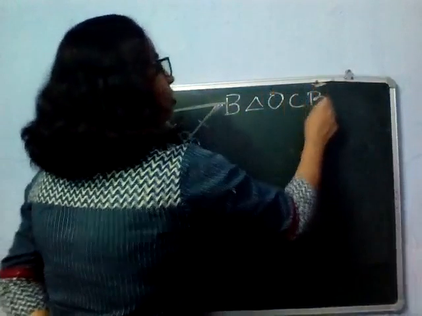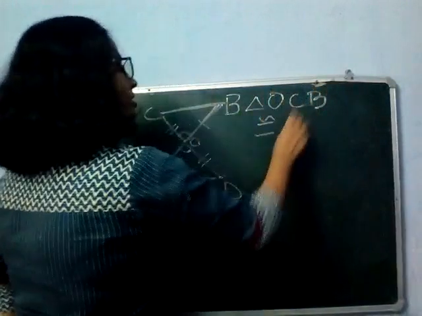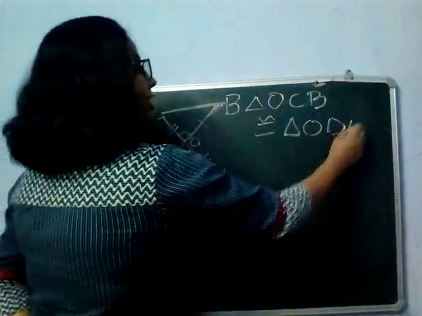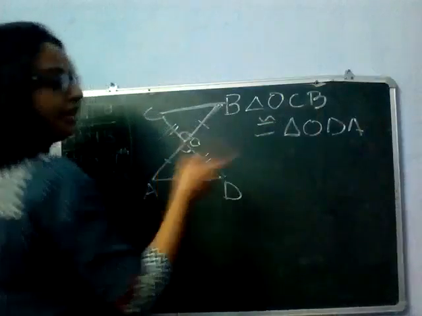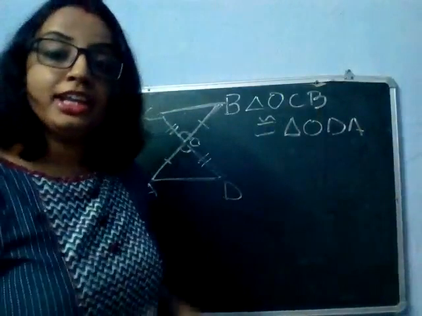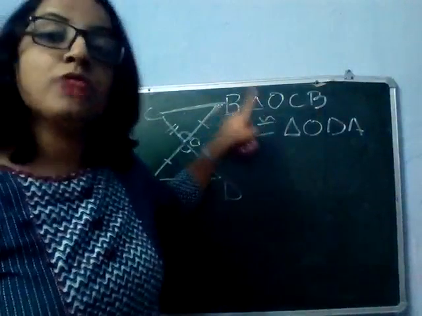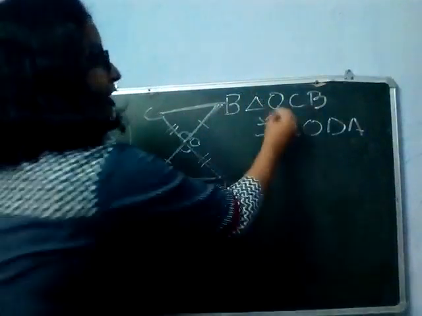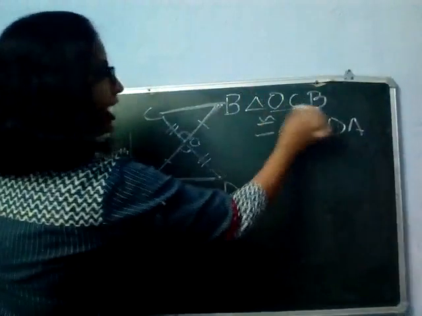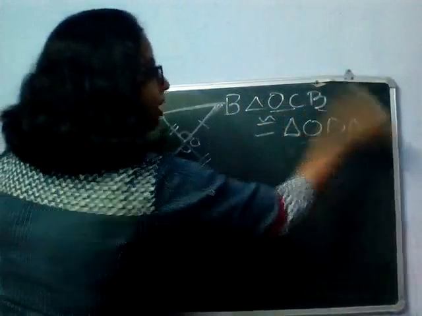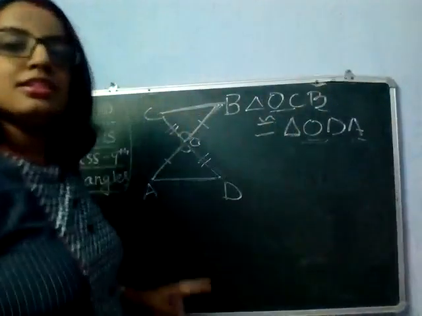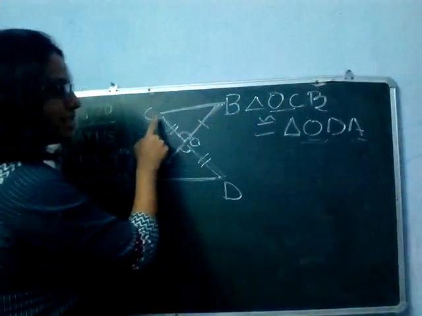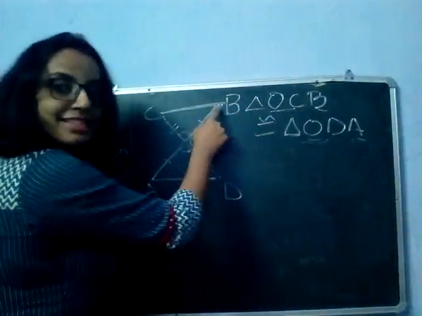While writing, we keep in mind that the corresponding sides must be equal. Here OC equals OD and OB equals OA. So the triangles are congruent because of side angle side.